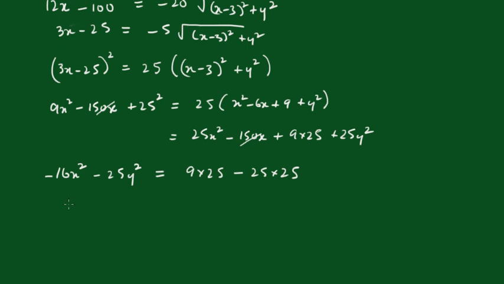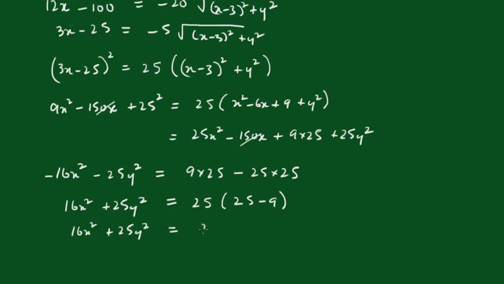So we'll write that as 16x squared plus 25y squared is equal to 25 outside of 25 minus 9. So we get 16x squared plus 25y squared equals 25 times 16.